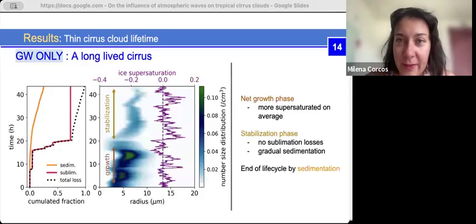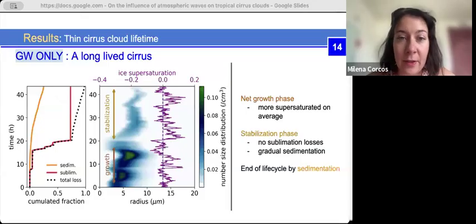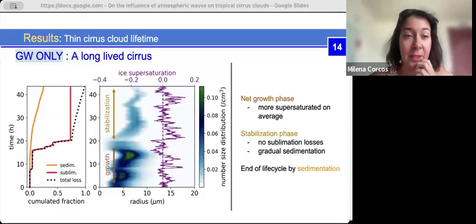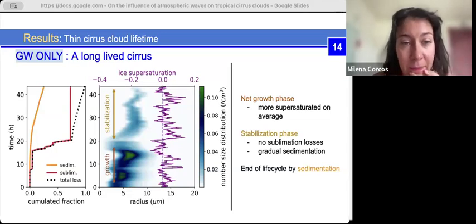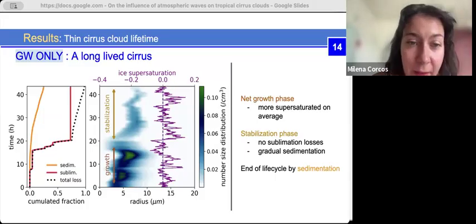So I wanted to start this part by showing you a study case of a particularly long-lived cirrus cloud in our simulations. So as you can see, the cloud survived for about 44 hours under gravity wave forcing alone. Here I show in the middle panel the evolution of ice crystal size with time being the y-axis.